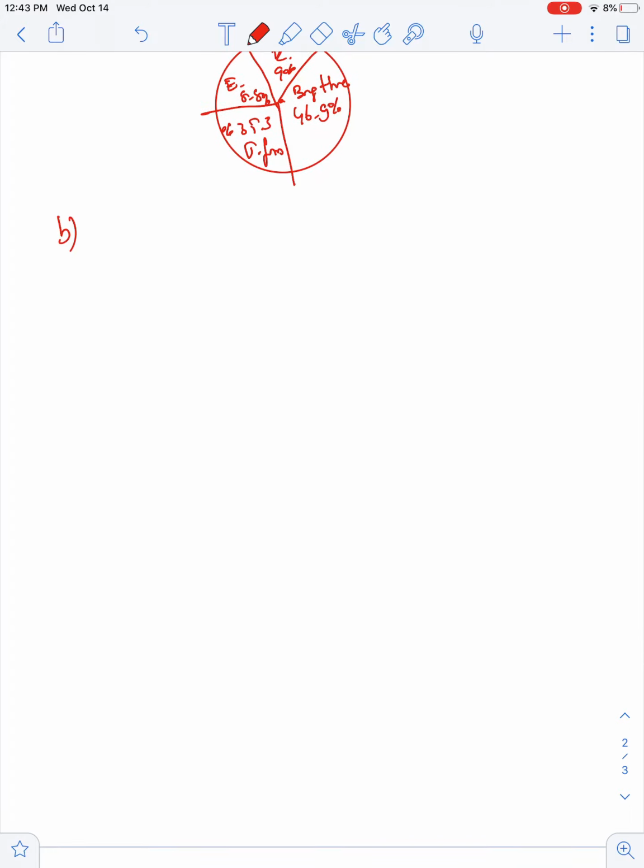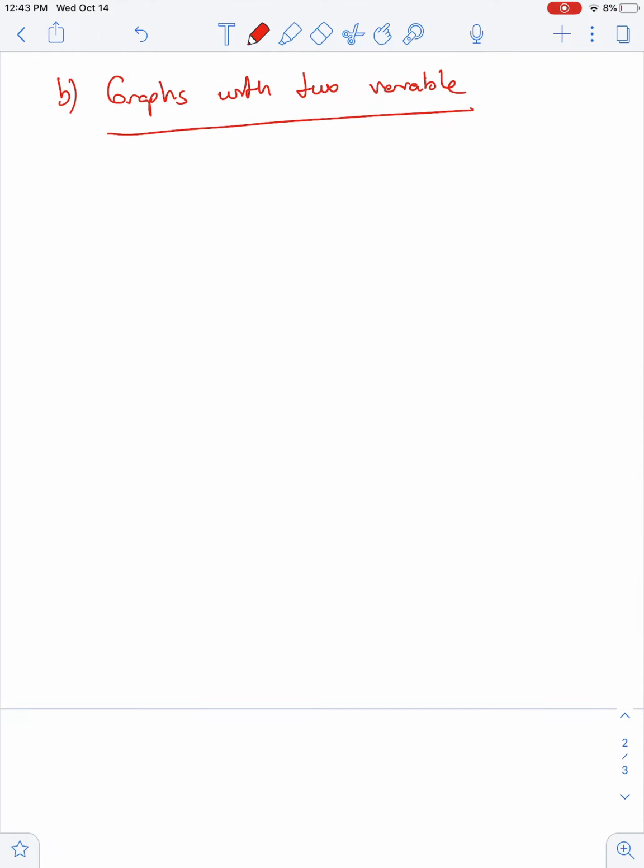Now, graphs with two variables. Actually, this is what we are going to use in this class mostly. When we draw demand and supply graphs, for both of them you are going to have price in one dimension, and quantity demanded or quantity supplied in the other dimension. We often use graphs to show the relationship between two variables.